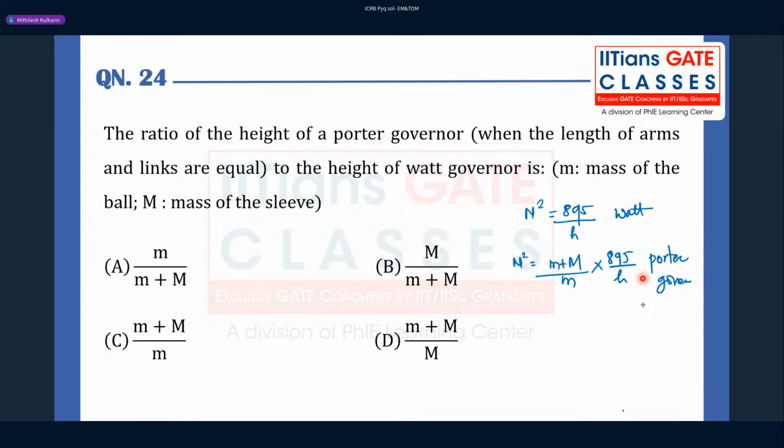In this case, option C is correct. What they are asking is the ratio of height of Porter to the height of Watt, so this part will come in the numerator. That's why (m plus M) divided by m. Okay, so this is Watt, HW, HP.